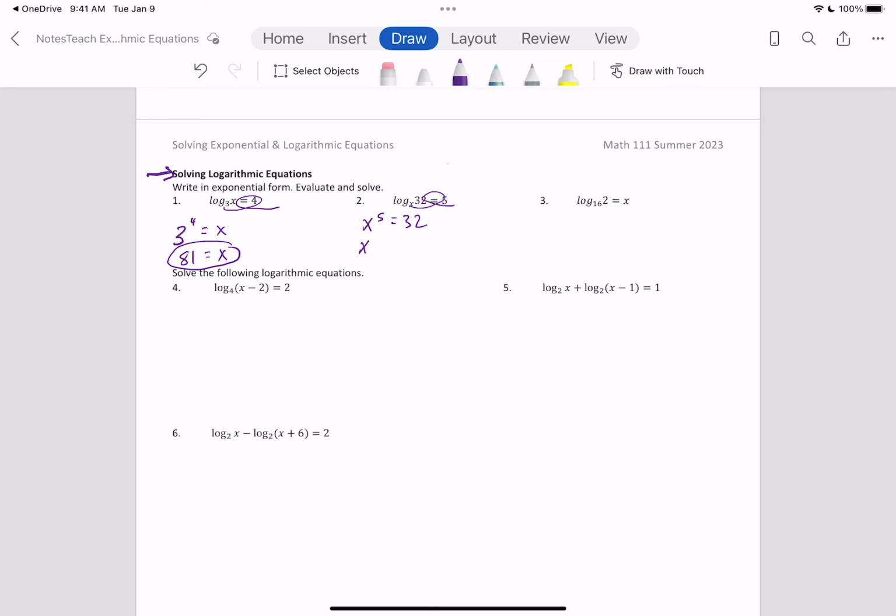So this side has a power of 5, and I can rewrite 32 as 2 to the 5th. So they have the same exponent, so we can drop the exponents and set the bases equal.